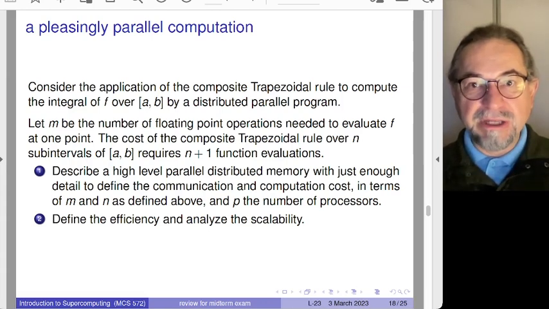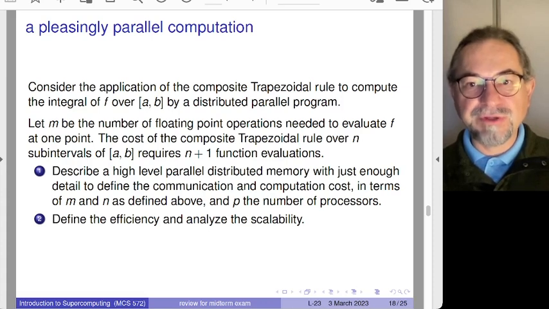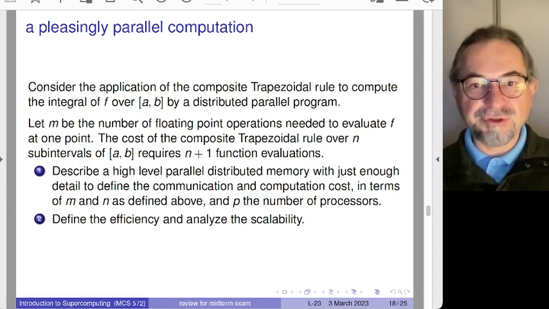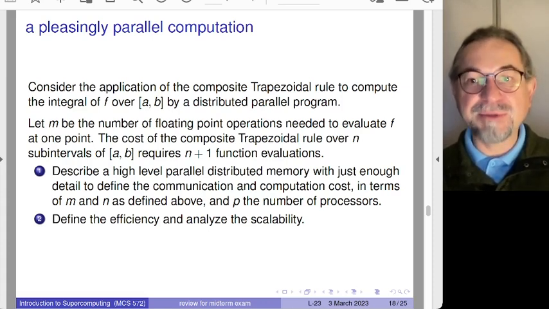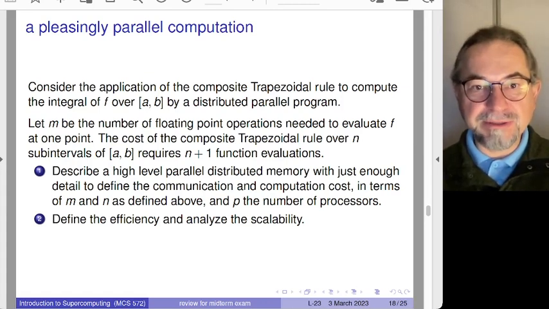So the key word here is data parallelism. The interval A, B is split into n subintervals, and in the finest way you could do this with n processors, so n equals p. So there is a limit already on the scalability.